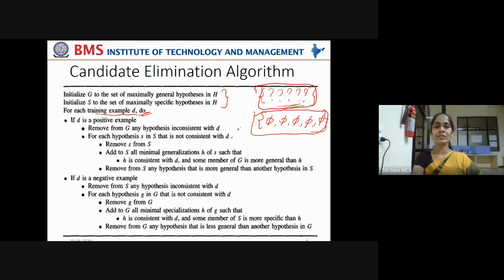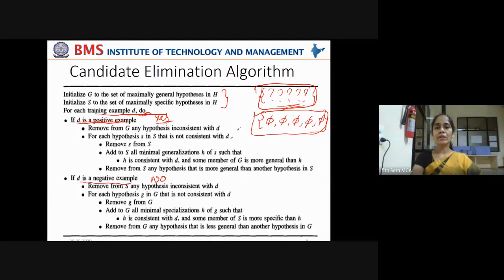There are two conditions again. If D is a positive example, if D is a negative example, means if the outcome label is yes, your friend is enjoying the sport. If the outcome label is no, your friend is not enjoying the sport. What has to be done? There is some set of instructions that have to be followed by this candidate elimination algorithm. Now let us see.